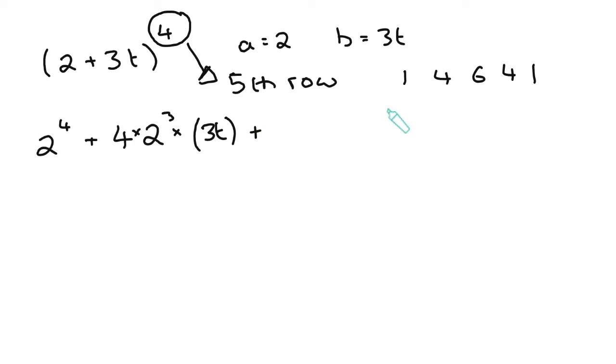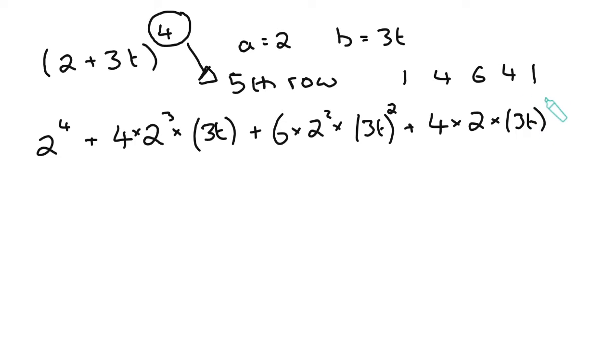Our next term, we've got the coefficient 6, so 6 times a squared, which is 2 squared, times b squared, (3t) squared. I can always check that these powers add up to 4. Now we're coming back down, so we've got 4 times 2 times (3t) cubed, and then finally our b to the 4th term, which is (3t) to the 4th. You can work all those out, and it's fine to use a calculator.